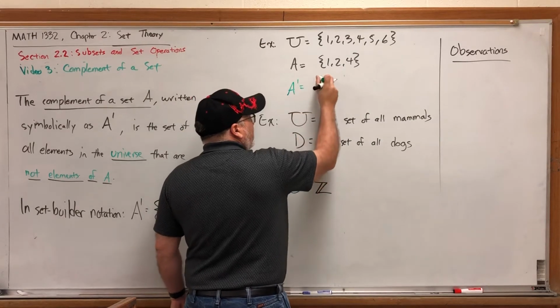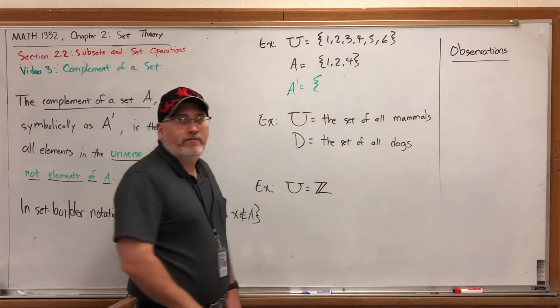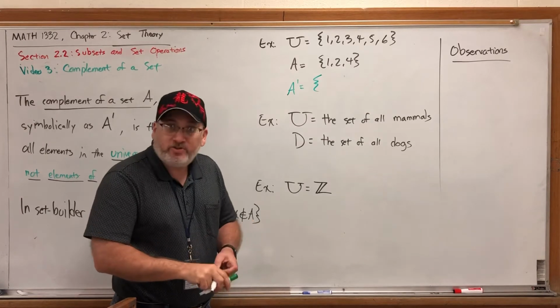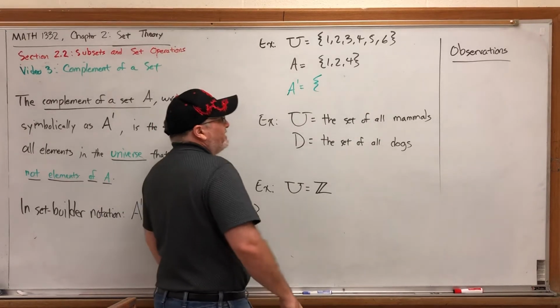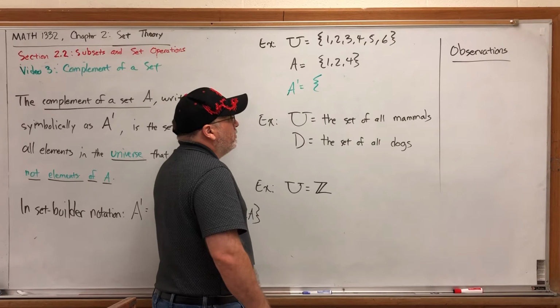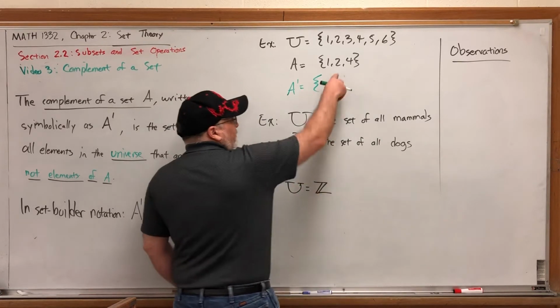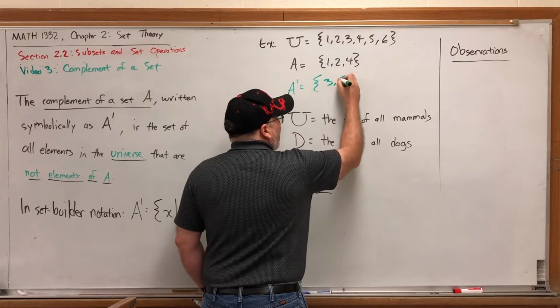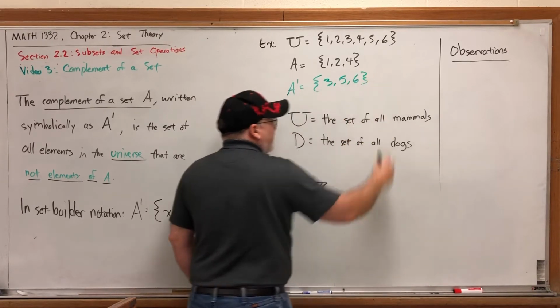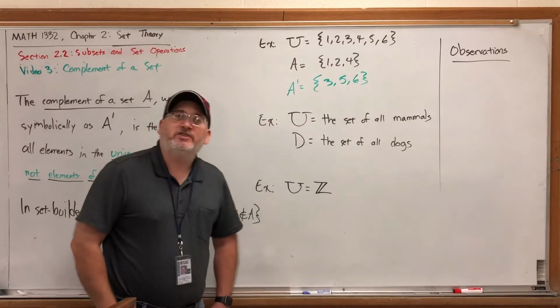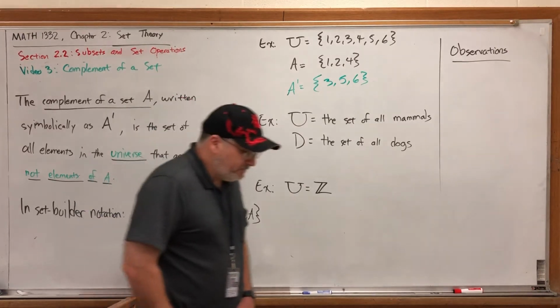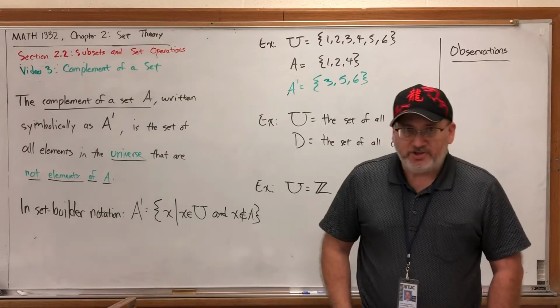To put it simply, all the numbers in the universe that are not represented in A. A contains 1, 2, and 4, but there are 3 numbers in the universe that are missing: 3, 5, and 6. And hence, A complement contains 3, 5, and 6. It's really quite a straightforward concept.